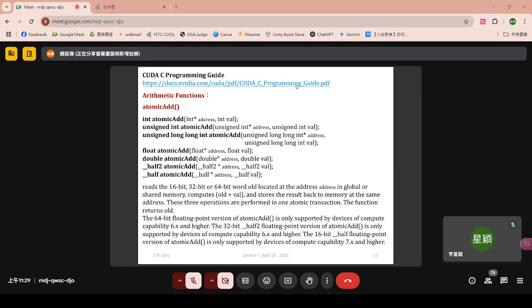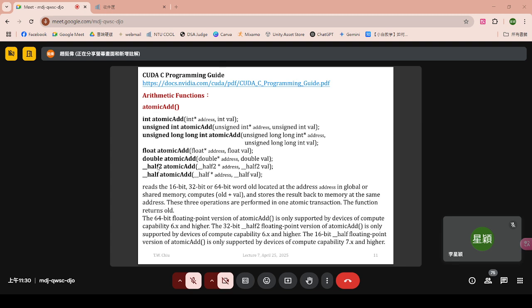So it is available for this function, say add, for integer, unsigned integer, or unsigned long integer, and also the floating point number atomic add. The double can also be added, and also the half.